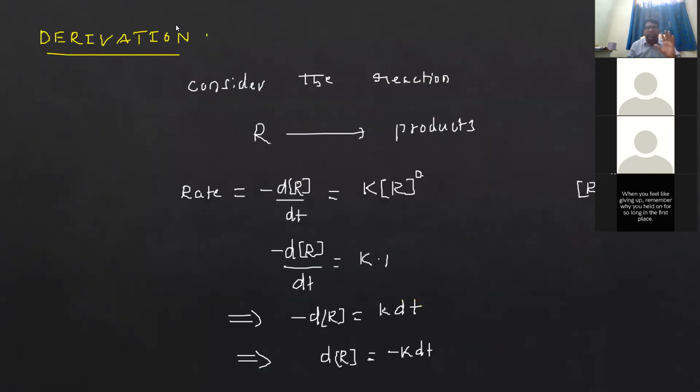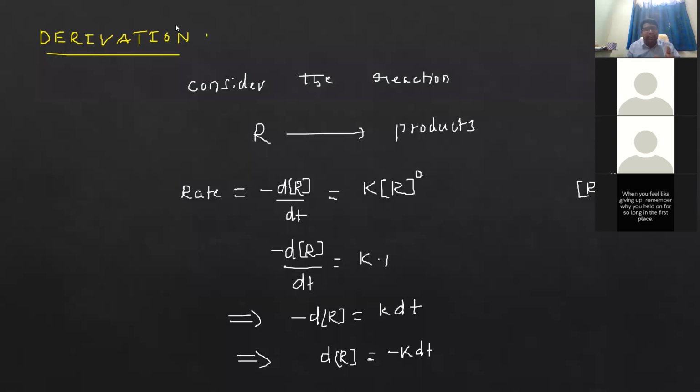So up to here, everyone knows that reactant gives product. For this reaction, how to write the rate? Rate is equal to minus dR by dt is equal to K into R power 0. Anything power 0 is equal to 1. So this 0 indicates a zero order reaction.